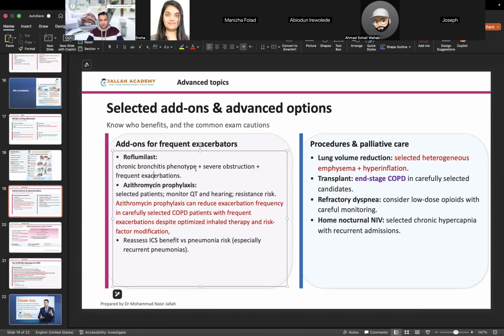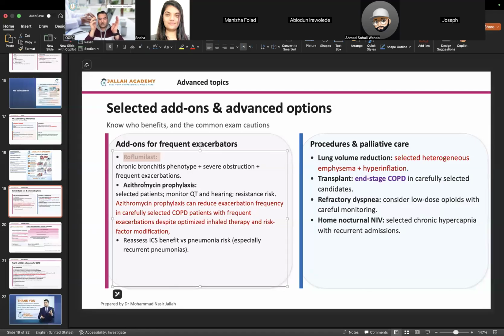Remember, you have COPD, and the COPD phenotype is bronchitis, chronic bronchitis, plus severe obstruction and frequent exacerbation. If you have that, then this is going to be the best choice. Usually, if they want to test you on this one, they will give you a scenario about someone who has COPD and is taking a LABA.